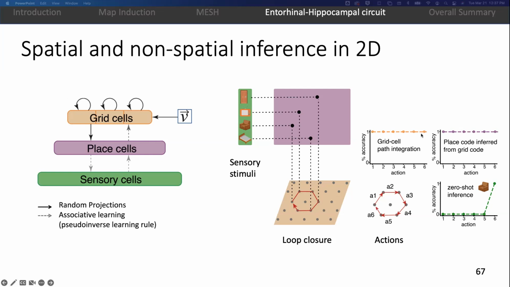On first pass, we already have the grid cell and place cell codes, because grid cells are computed through path integration, and place cells are determined through grid cells because they're random projections of grid cells. However, for sensory inputs, we can't yet predict what they are because this is the first pass and we are still learning. But for the last action, after action 6, we can already predict what the sensory input is, again leading to zero-shot inference because of loop closure.